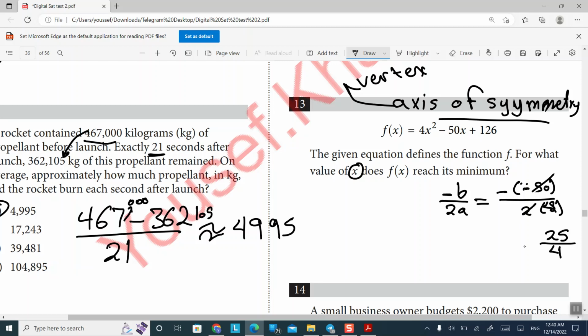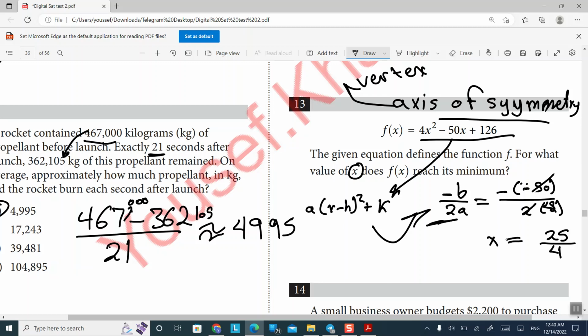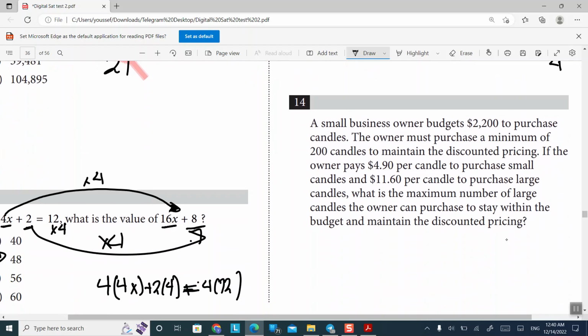In other words, you can use another way, which is much longer, but to be familiar with that, you can write this in the standard form, which is a(x minus h) squared plus k, using completing the square, but it will be much longer. You can just memorize this formula, and this is it. Okay, so let's move on.